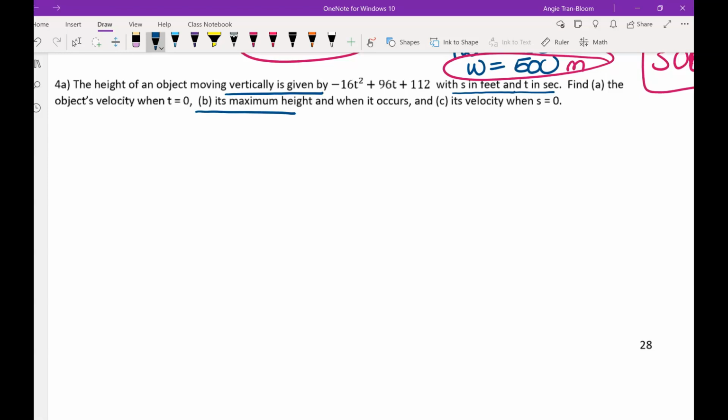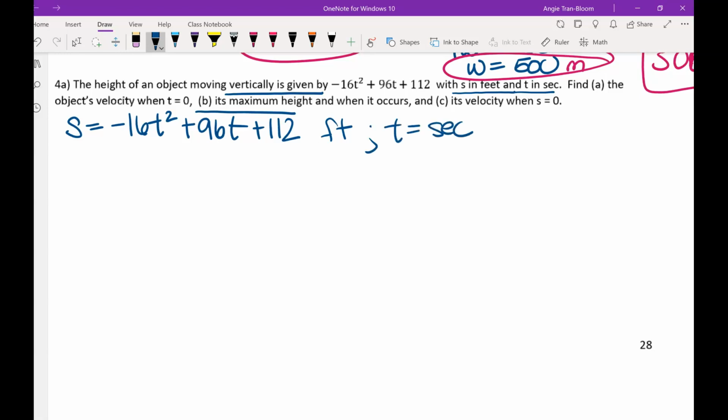All right, so we are given position is negative 16t squared plus 96t plus 112, and it is measured in feet, and time is in seconds. Part A says find the velocity when time is 0. So we want to find the derivative of position, which is negative 32t plus 96.